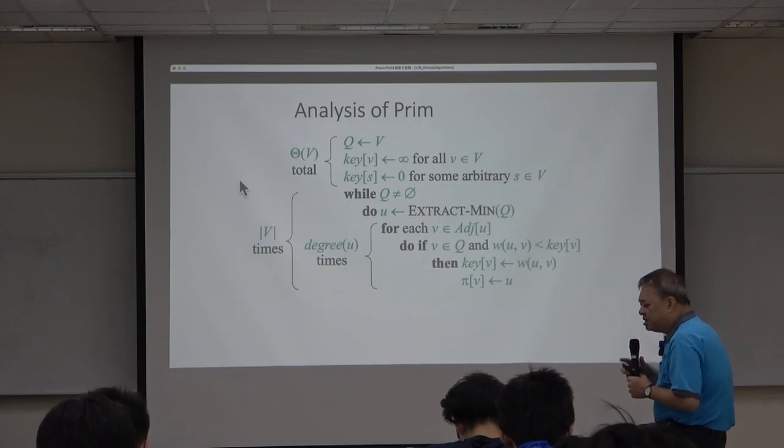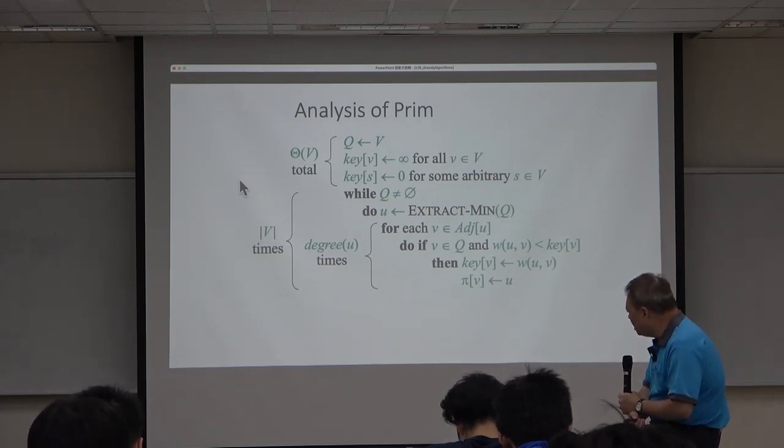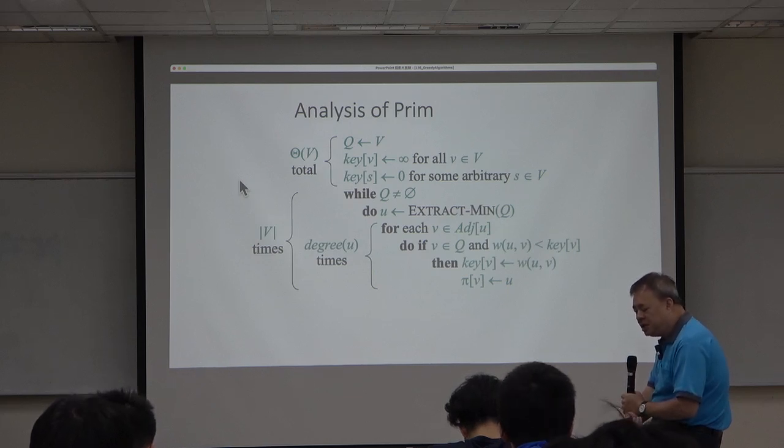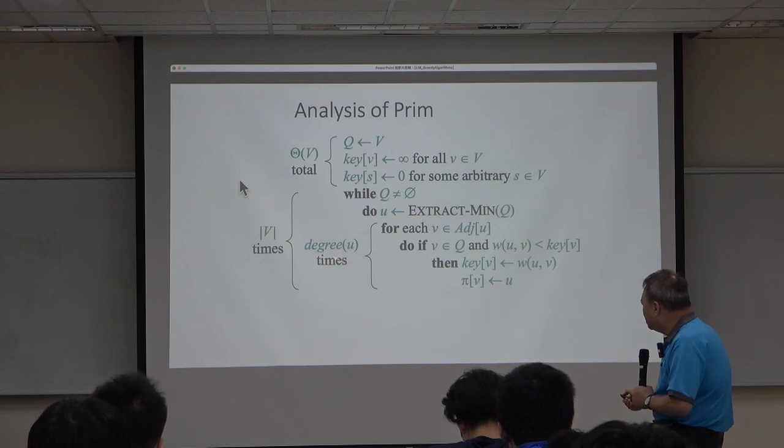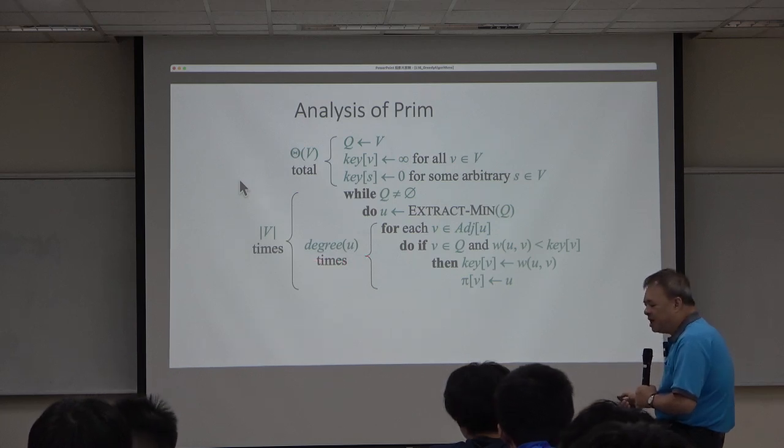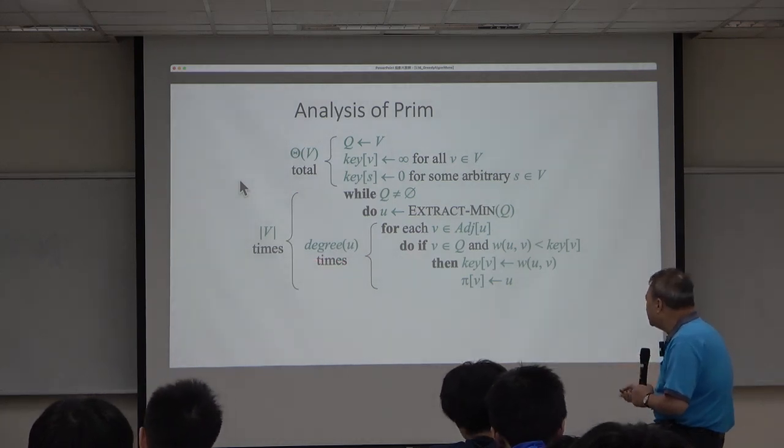But at the beginning of this chapter we talked about the handshaking theorem, so the total of the degrees is 2 times the number of edges.